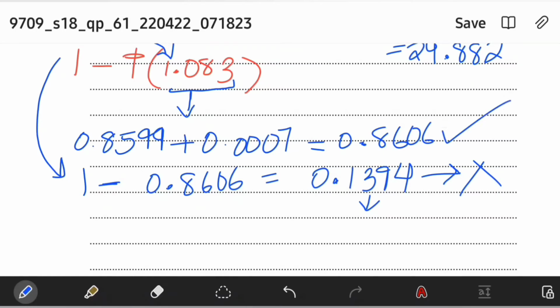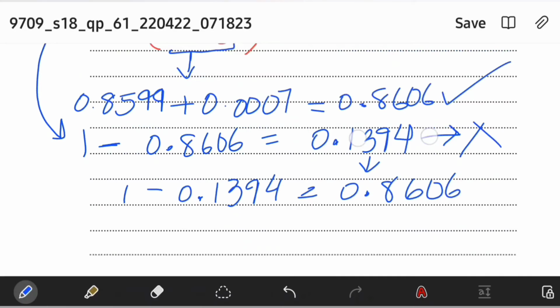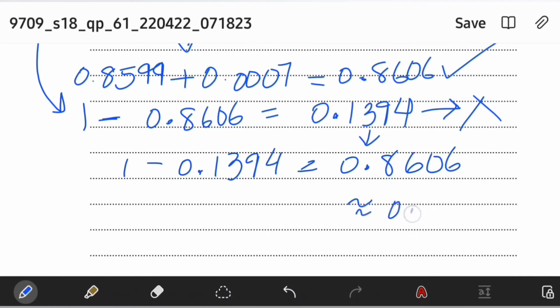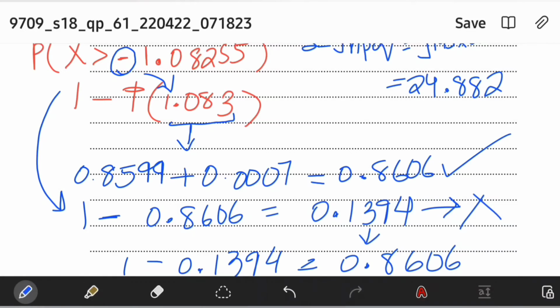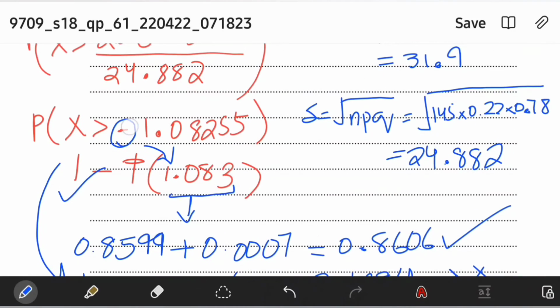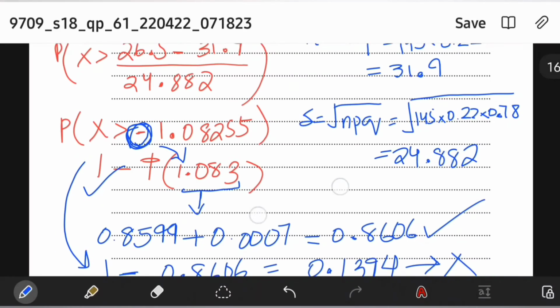You can just write 0.8606 as the final answer, because it is the same as subtracting 0.1394 from 1, and you get 0.8606 again, which would be 0.861. So I did this whole thing to make you understand that one time we are subtracting it from this formula 1, and the other time we're subtracting it due to this minus sign. Okay, moving on.